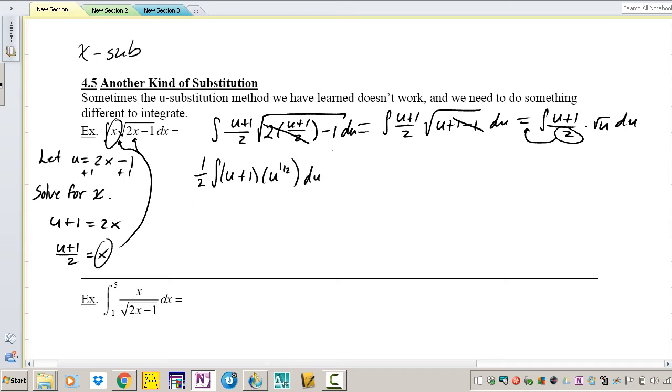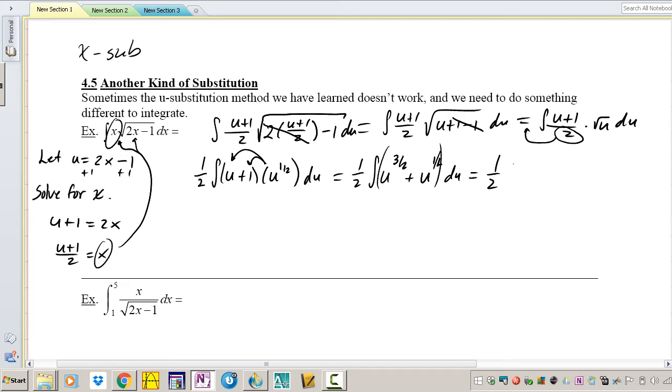Now this looks a little bit easier to integrate. Let's distribute the u to the 1/2 into the u and into the 1. What is u times u to the 1/2? That becomes u to the 3/2. And u to the 1/2 times 1 is u to the 1/2. Then we integrate with respect to u, and we can go ahead and integrate this as we normally do.